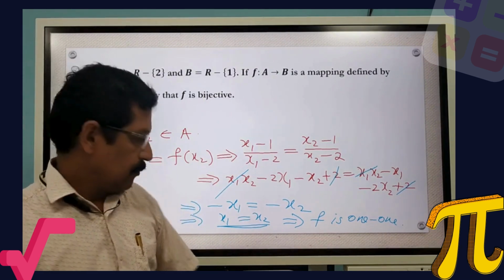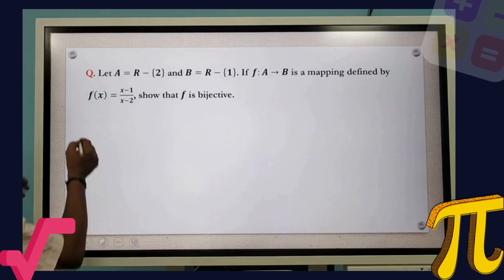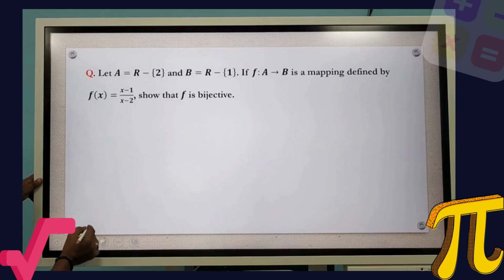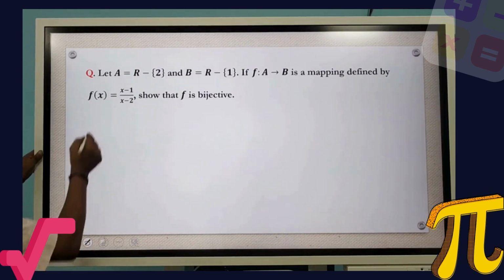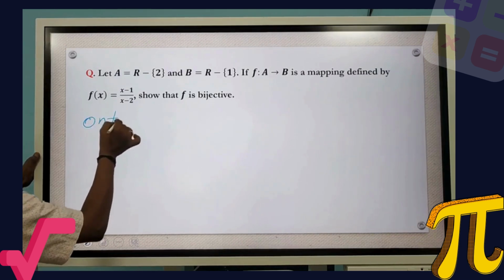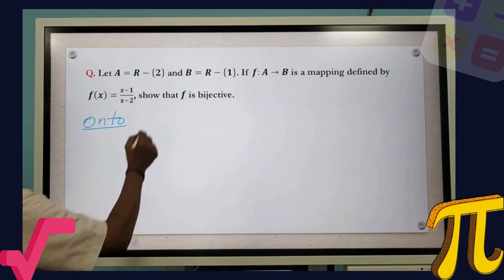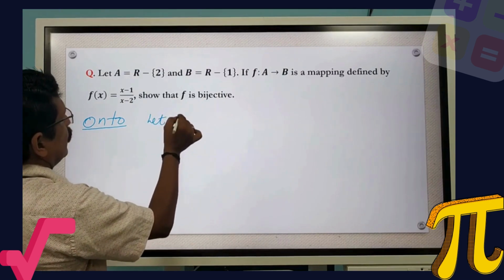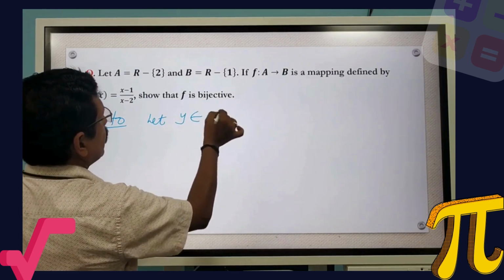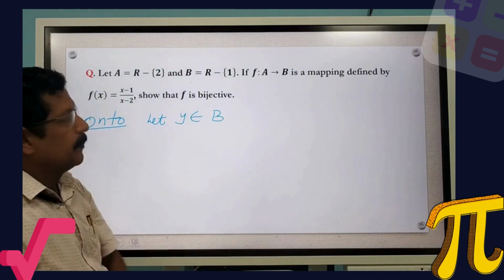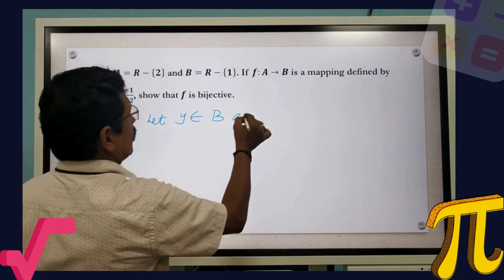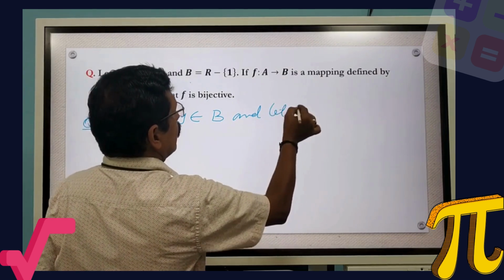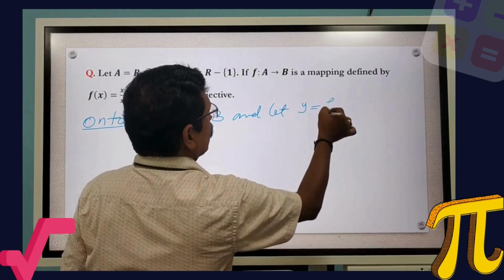f is 1-1. Now to prove the onto case. For that, let us assume that y is an element of B, the codomain, and let y = f(x).